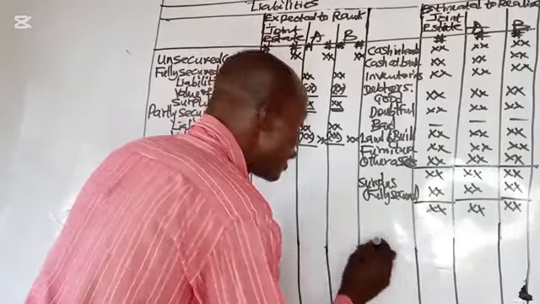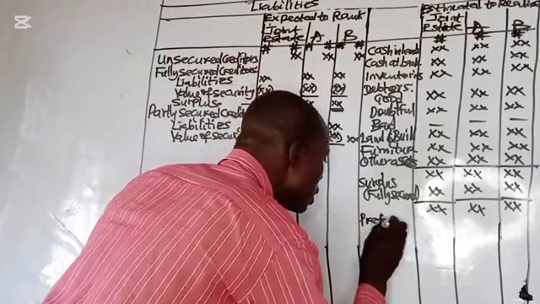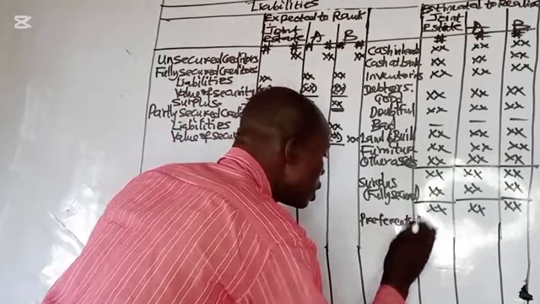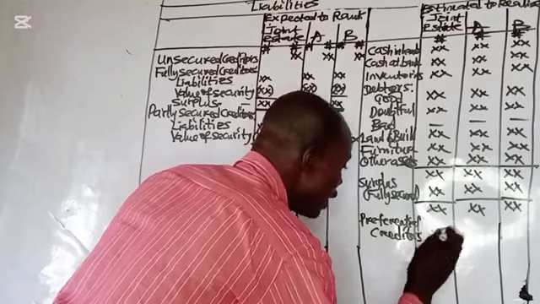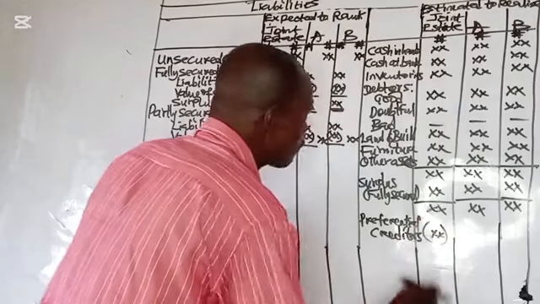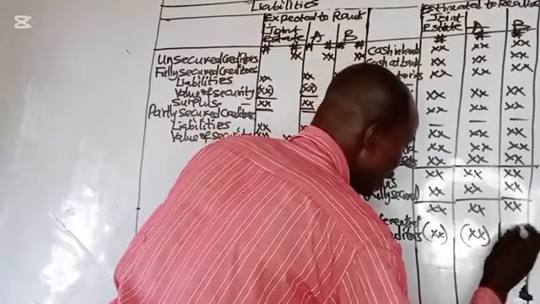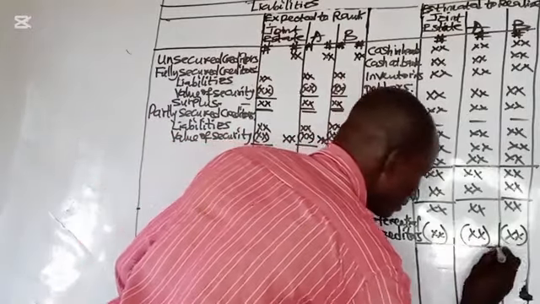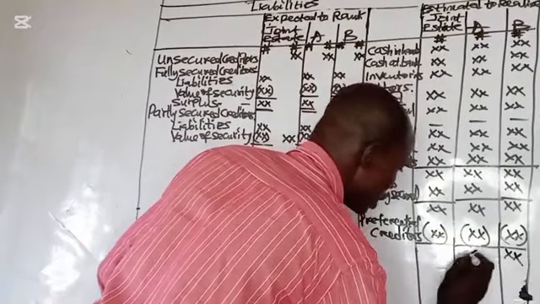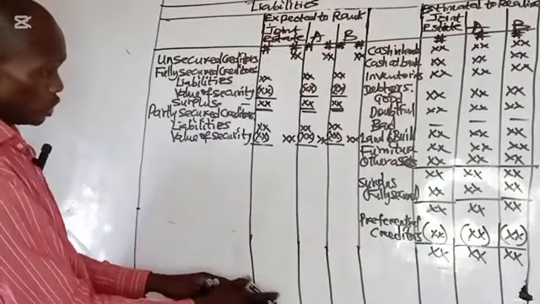You now deduct preferential creditors, if any. Then assume you have preferential creditors for joint estate, if A has and B. After deducting preferential creditors, you have this as the balance. Then you add your liabilities.